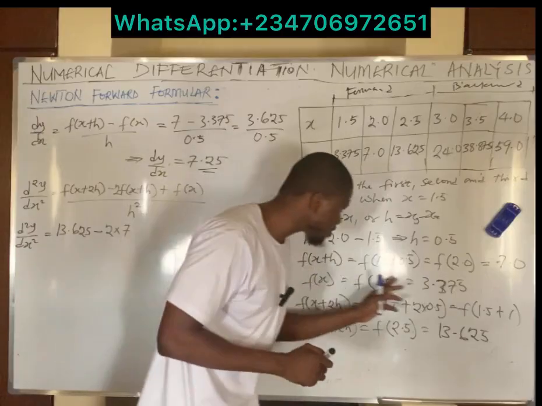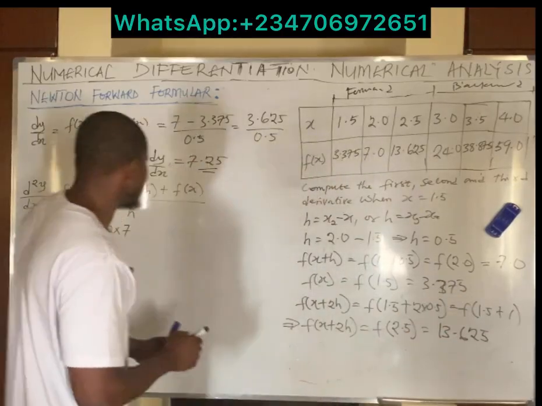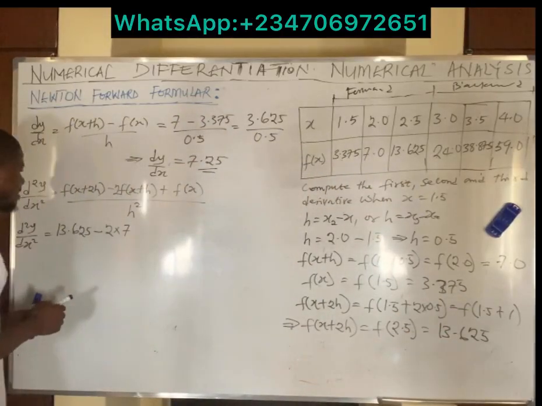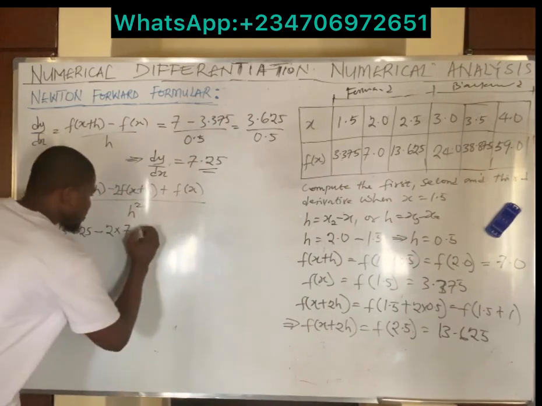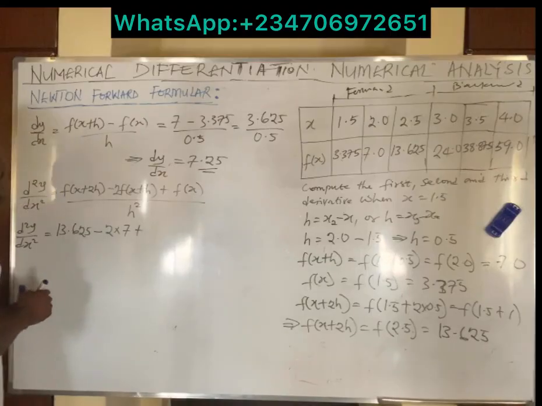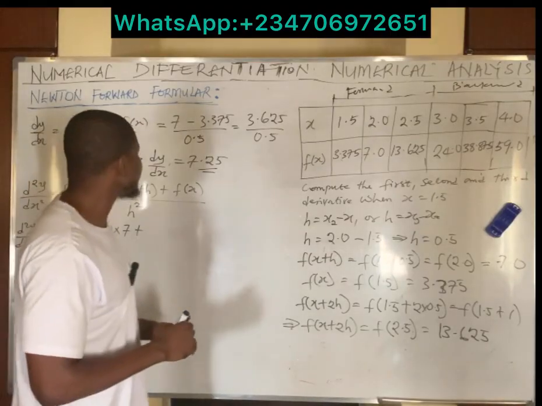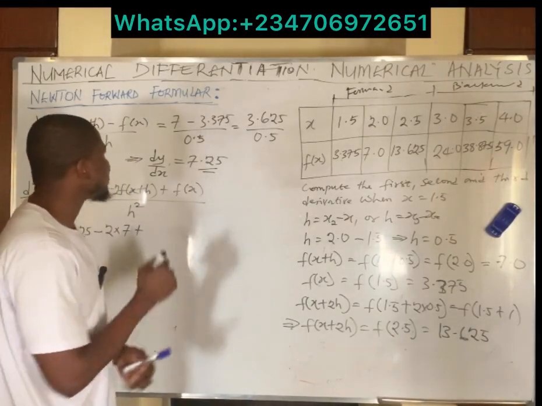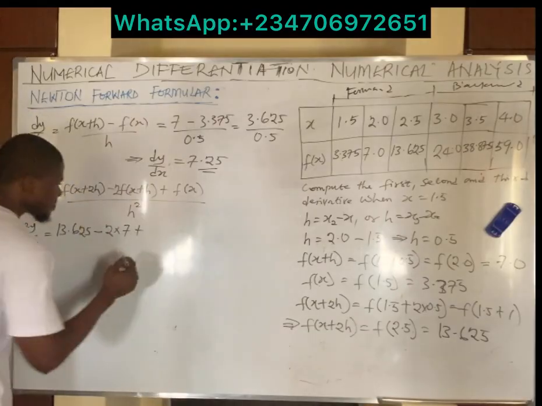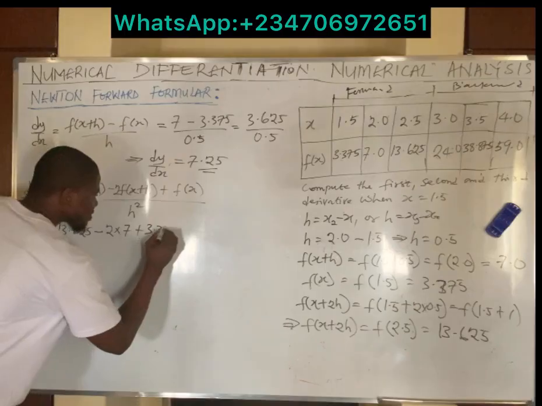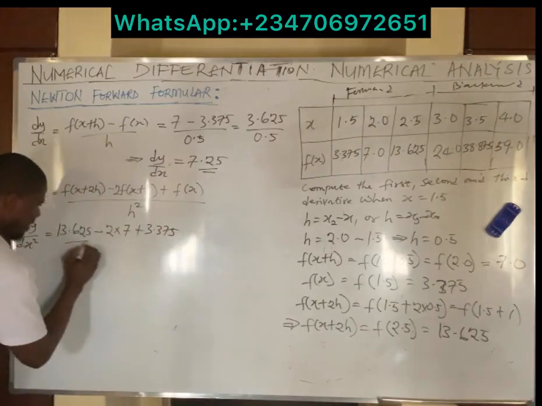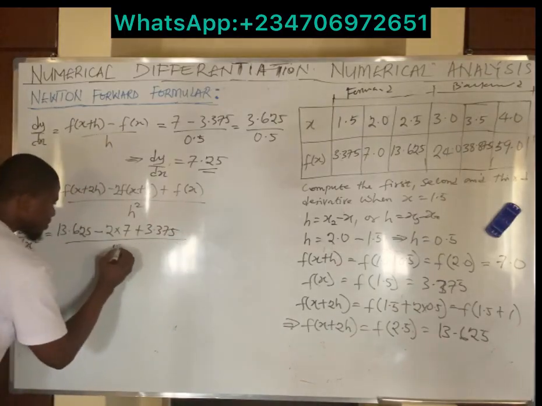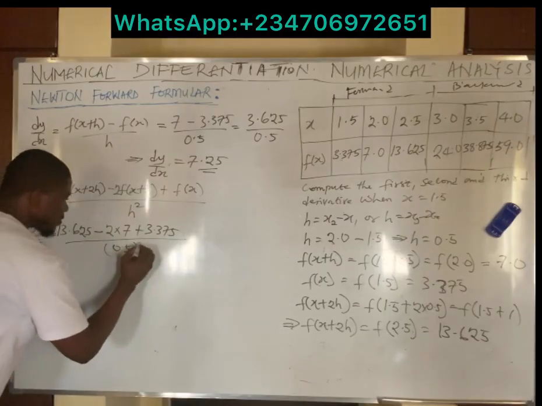So minus 2 times 7, plus f(x), and f(x) itself gave us 3.375, divided by h squared, which is 0.5 all squared.